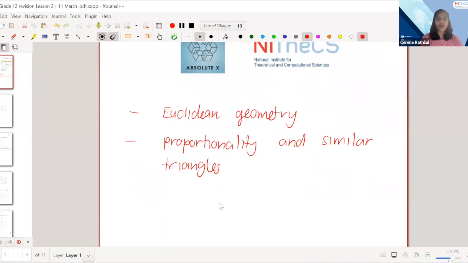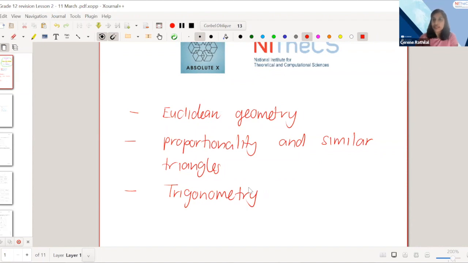And of course, you would have been introduced to some new aspects of trigonometry this year. So typically, these are the topics that you would be assessed on, including analytic geometry in your mathematics paper 2.